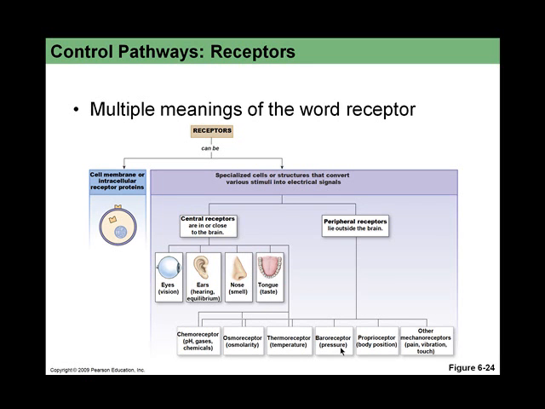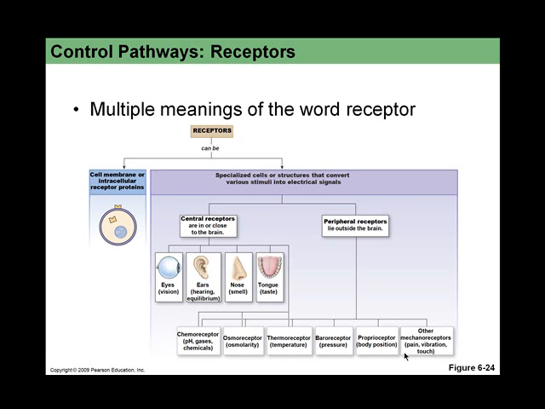And then there are baroreceptors for blood pressure. That's what we saw in the carotid sinus. As the carotid sinus stretches, or the aorta stretches, because there's higher pressure, then the baroreceptor nerve endings inside the blood vessel wall are going to be stretched more and send a stronger signal, a higher frequency of firing rate, into the brain.